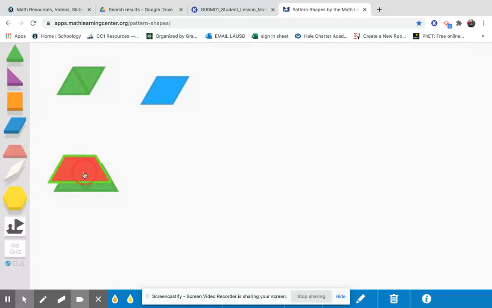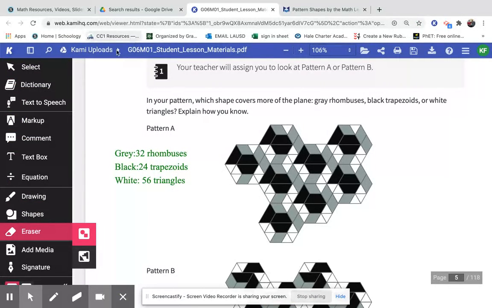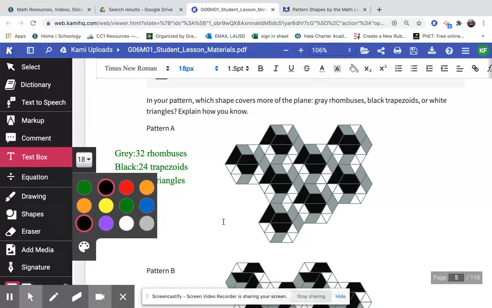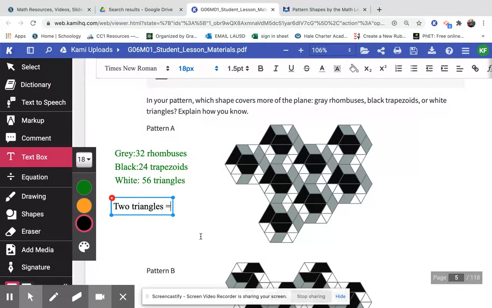Okay, a trapezoid is the exact same amount of shape. So therefore, I could write down here in a text box, let's make it black, that 2 triangles equals 1 rhombus. 3 triangles equals 1 trapezoid.